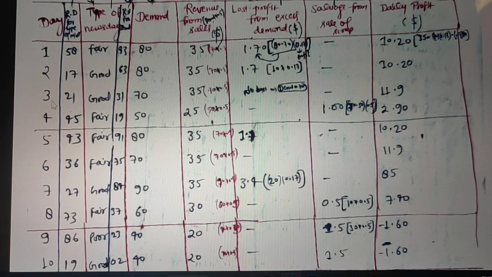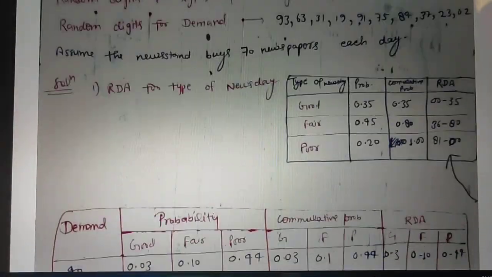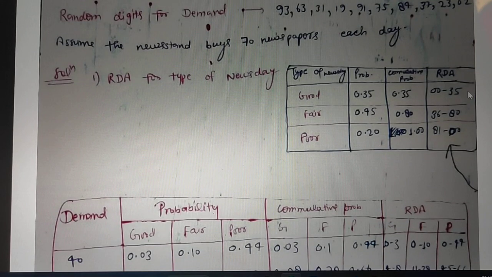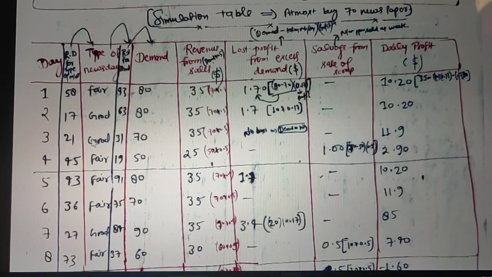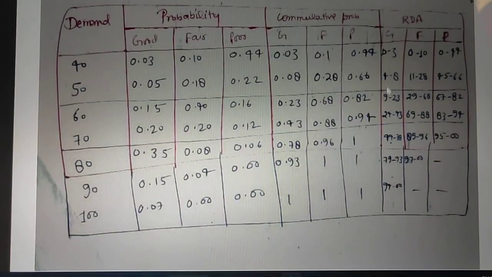For the third day, the random digit for type of news day is given as 21. We have to look at 21 in this table, and we see 21 lies in the good range, okay. So the day is good, and the random digit for demand is given as 31. Now we have to go to this table and see which range 31 lies in. 31 lies in this range, so the respective demand is 70, okay.